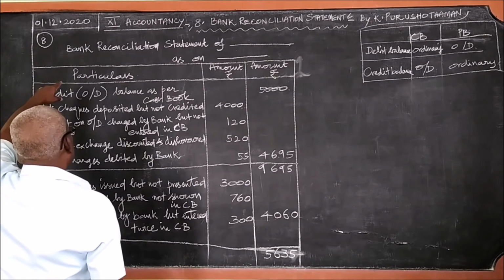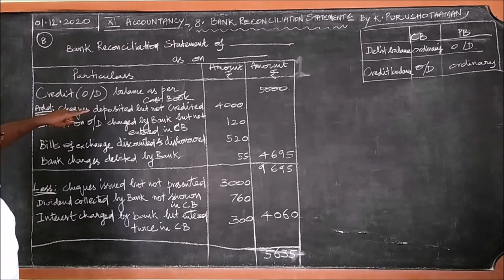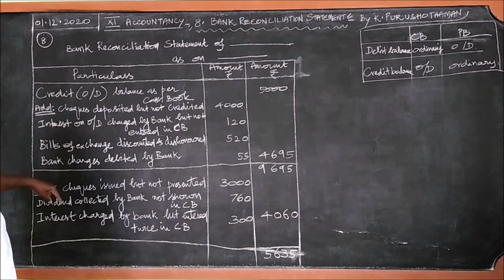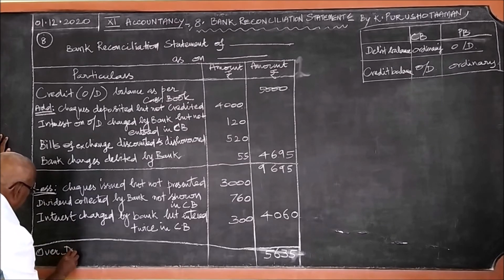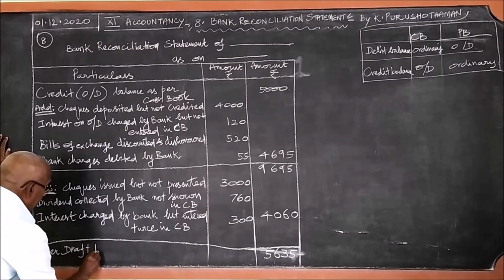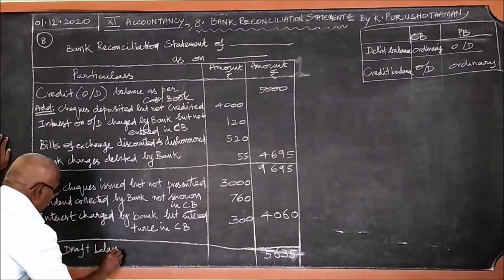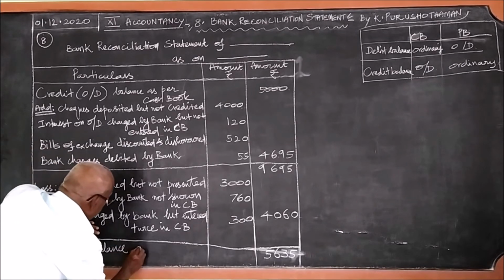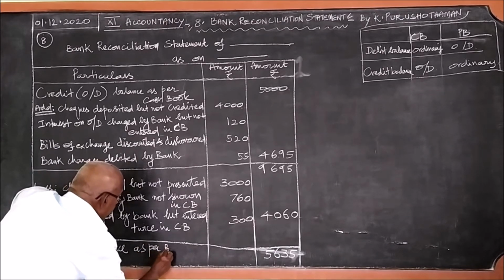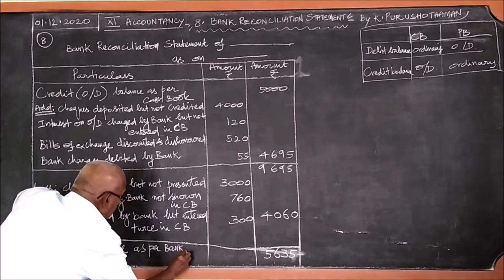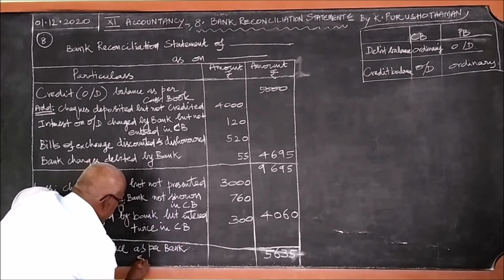So, this is overdraft balance as per cash book. Therefore, overdraft balance as per passbook. This is overdraft balance as per bank statement.